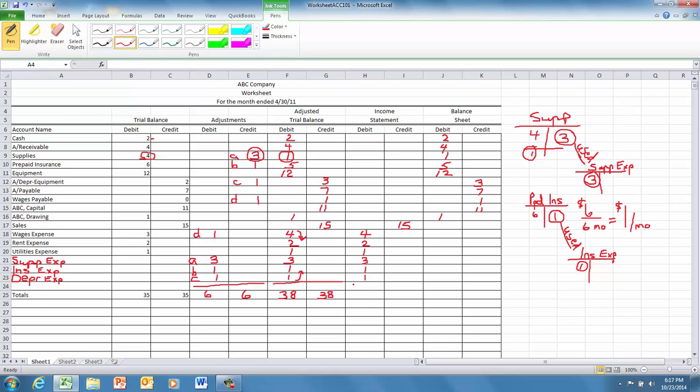All right, now I'm going to total up these 4 columns, and I know, of course, that they're not going to equal each other. Okay, 6, 7. This equals 13. And that equals 15. This equals 25. Equals 23.